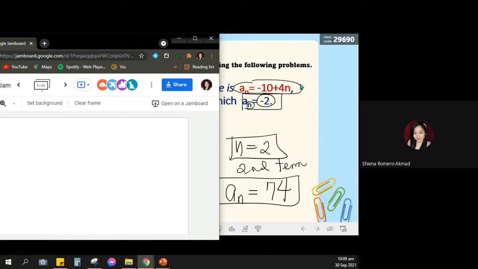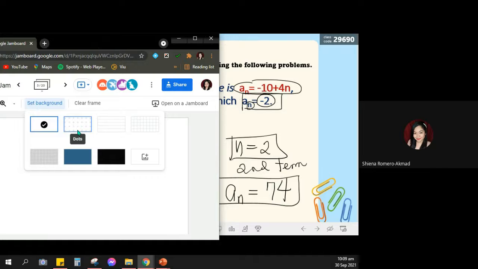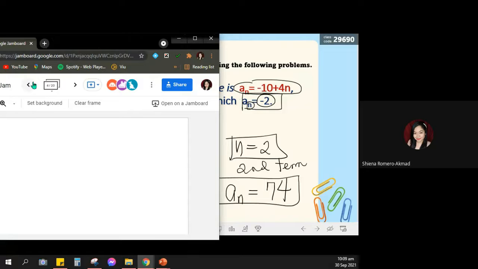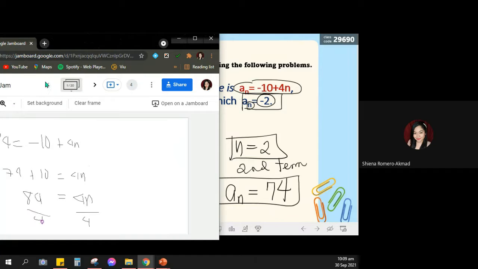And ito yung ating general term. Frame number 3 tayo magsisimula. I'll set the background para hindi mahirap mag-line-line. Ay, nandito siya. Ang kulit niyo, sabi ko, frame 3. Sige, okay na yan.